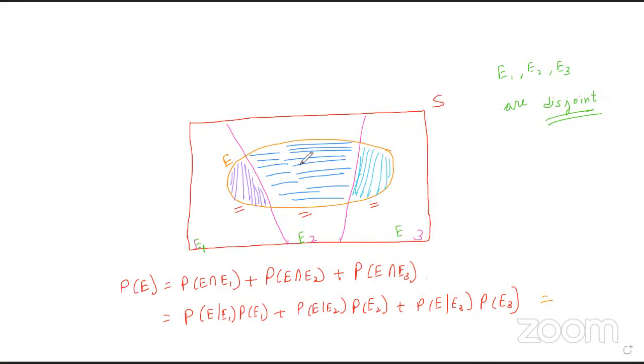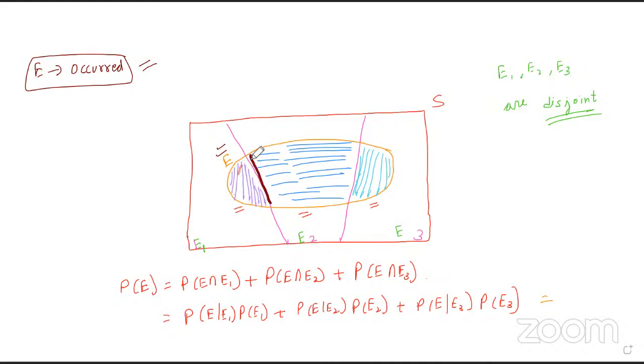Now suppose you know the information about this event E. You know that event E has occurred. Now, if my event E occurred in this region, it will still be considered to have occurred, right?